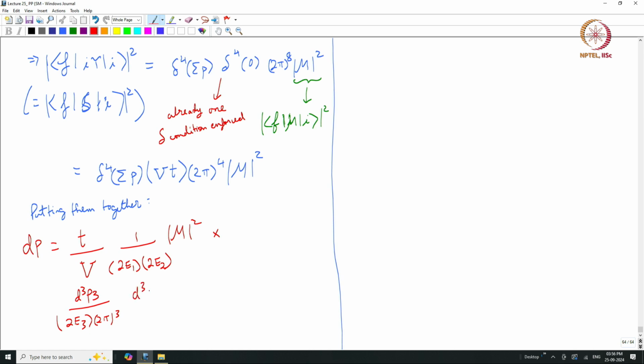So we have d cubed p4 over 2E4, 2 pi cubed, and the rest of the terms go for a ride. So I will just write that down.